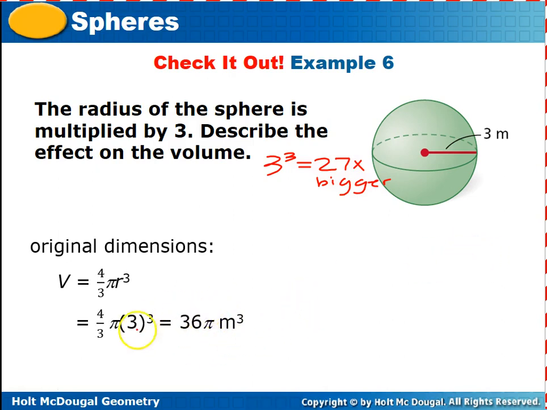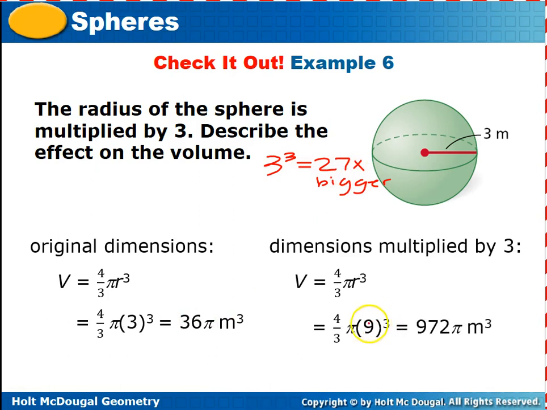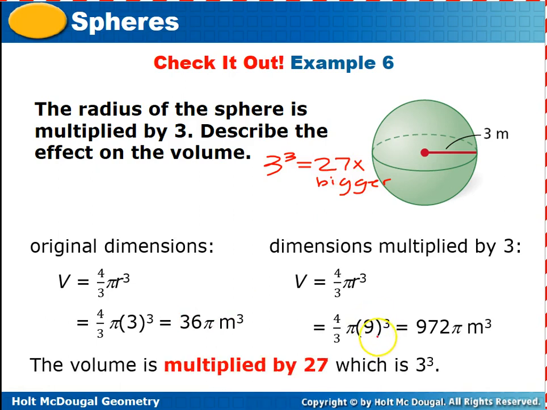Now, if we want to find the new volume, we can just multiply 36 times 27. That would give us the new volume. We could also do it the other way, but it's quicker to do it by just multiplying by the effect. So again, if it asks for the effect, it's actually just asking for that 27. If it's asking for the new volume, then we use the effect to get the new volume.